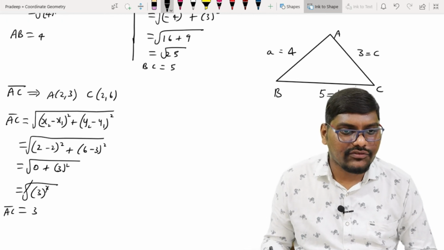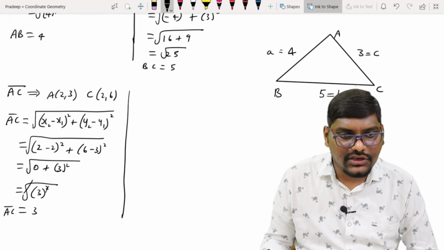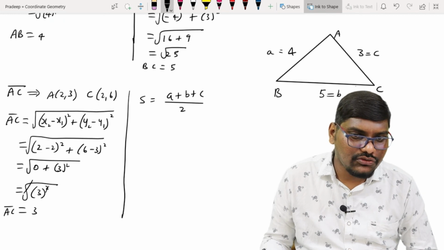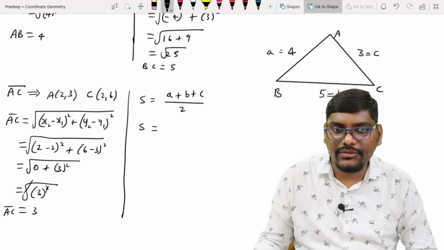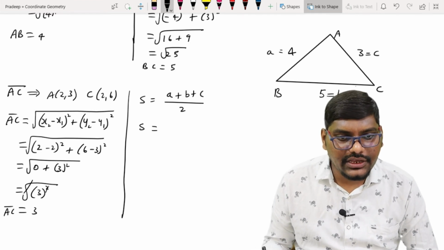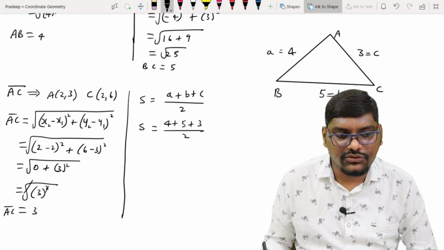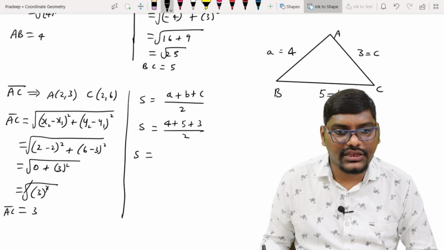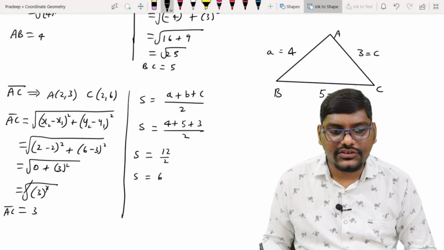Here we have the particular formula, S equal to (a plus b plus c) whole by 2. So the S value we find by substituting a, b and c: 4 plus 5 plus 3 whole by 2. So S equal to 4 plus 5 is 9, 9 plus 3 is 12, by 2. So S is 6.